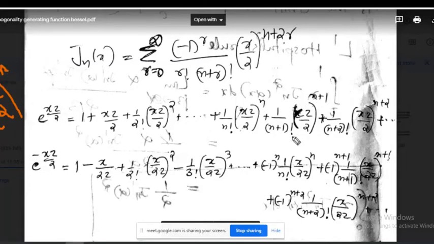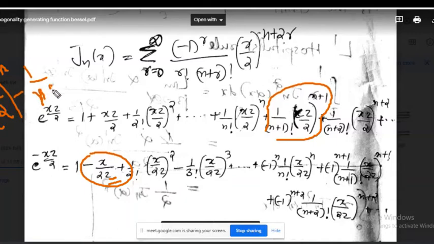Then when I multiply this term with this, in the numerator we have z to the power n plus 1, in the denominator z. So as you take the product, you will get z raised to n, and the coefficient will be minus 1 by (n plus 1) factorial (x by 2) to the power n plus 1, and it goes on like that.